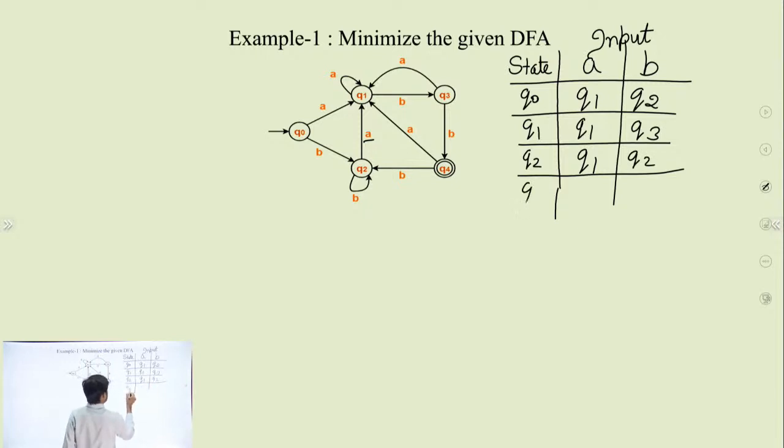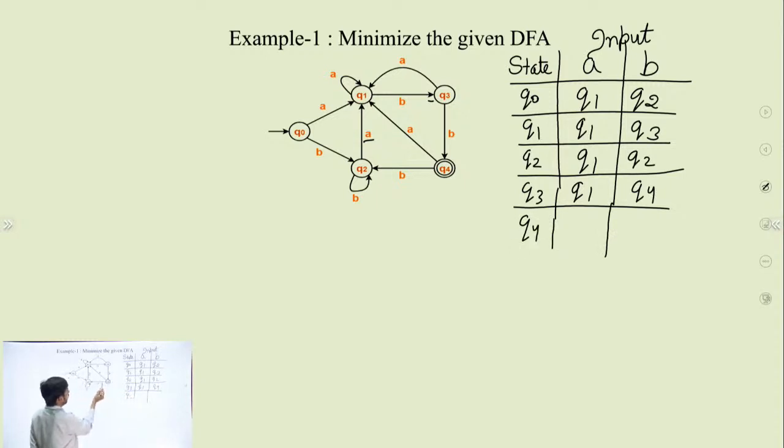Now take state Q3. Q3 on A goes to Q1 and Q3 on input B goes to state Q4. Now let's check state Q4.